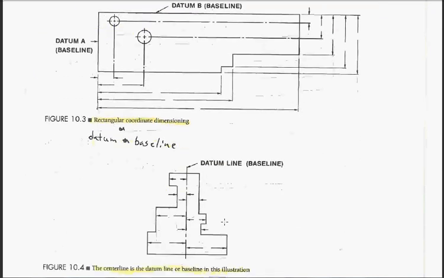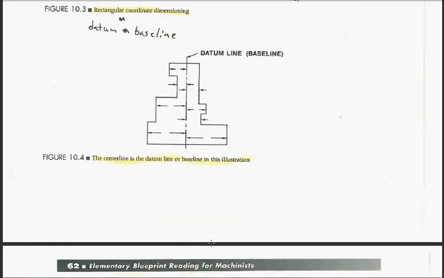Alright, again, you could come out of the center of a workpiece. That could actually be your datum line or your baseline. Okay, so if I want to know which dimensioning system is most likely preferred, I would say that datum or baseline dimensioning is the best because you don't have tolerance buildup.